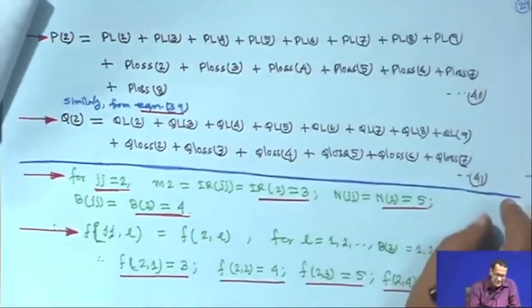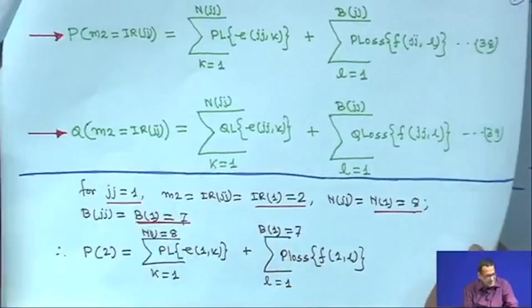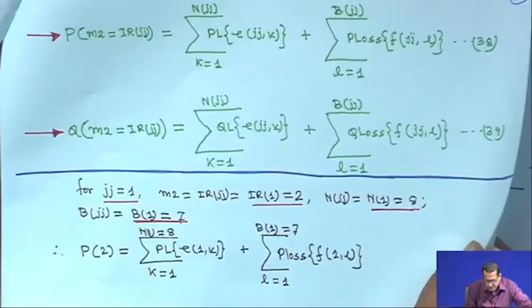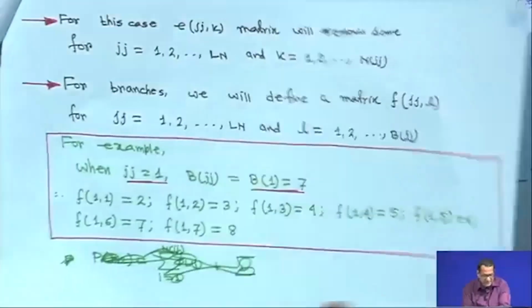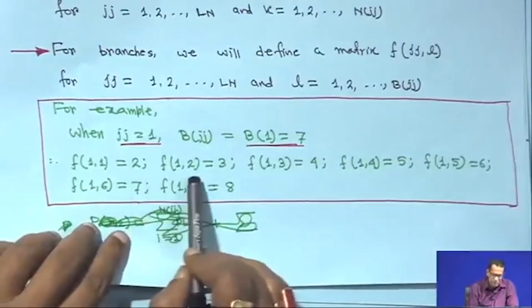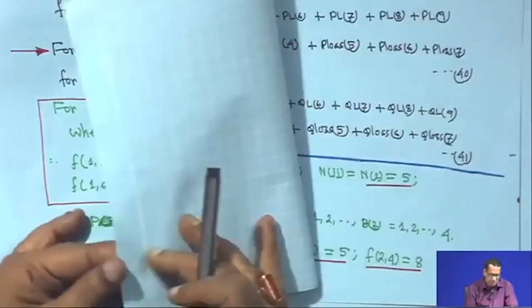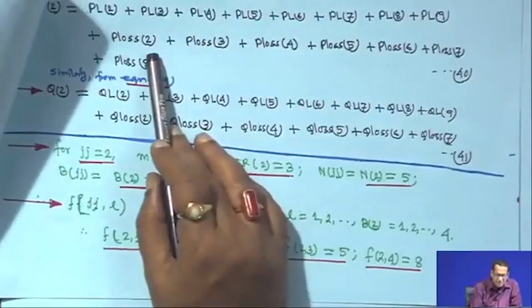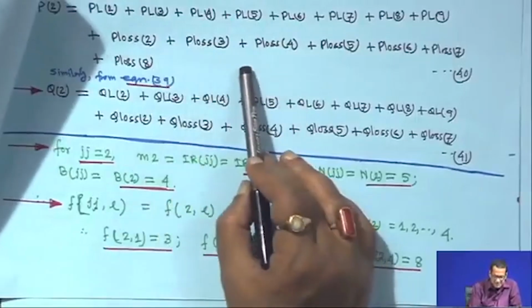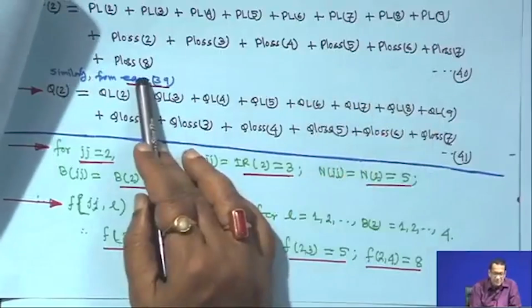This I am writing directly, plus this F matrix, when you expand this, it will be F11, F12, F13 and so on. So, here all these elements I have given you, F12, F13 and so on. So, if you expand and substitute all this, it will become P loss 2 plus P loss 3 plus P loss 4 plus P loss 5 plus P loss 6 plus P loss 7 plus P loss 8.